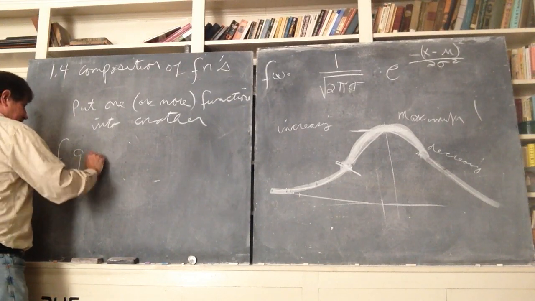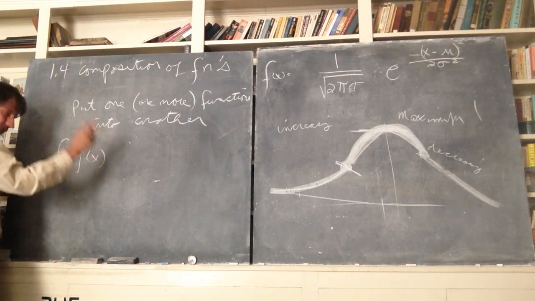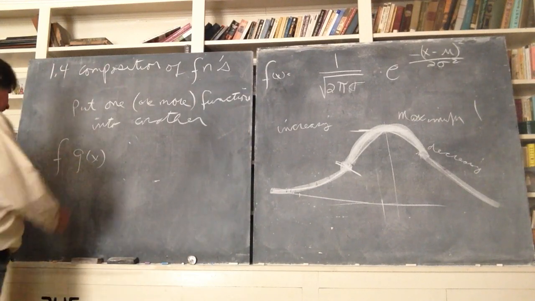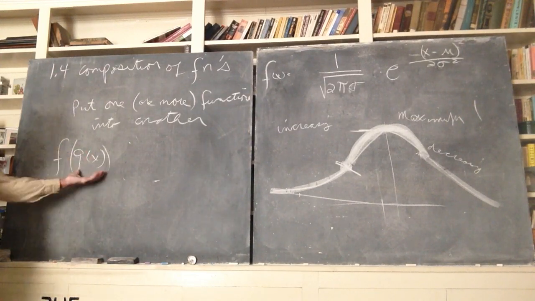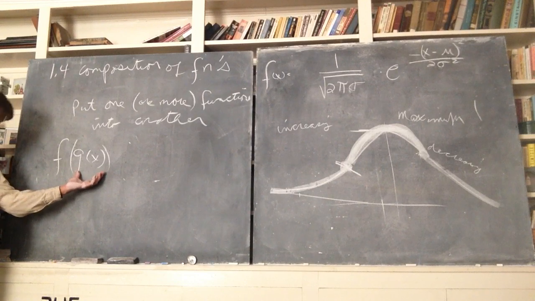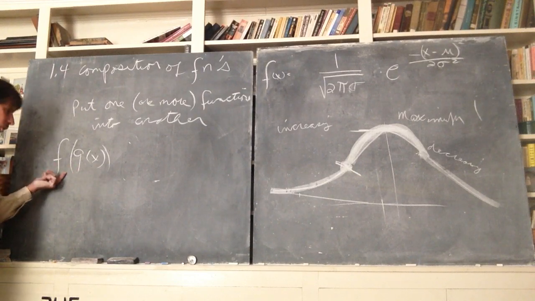If we have two functions, f and g, the rest of this is just examples. f at g at x means I'm putting g at x, whatever that is, into the variable for f.